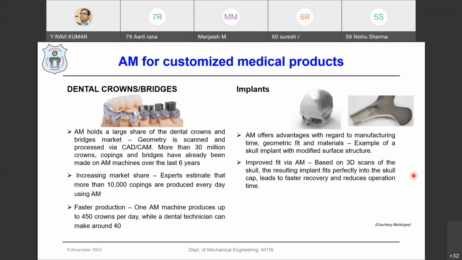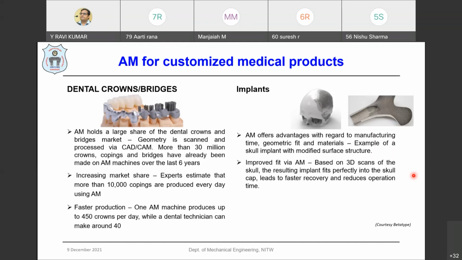With a conventional manufacturing process, it would be very hard and take more than 1 week. Production is faster for these kinds of customized parts. Even 450 crowns per day can be made, while a dental technician can make only 40 crowns per day for such complex customized parts.